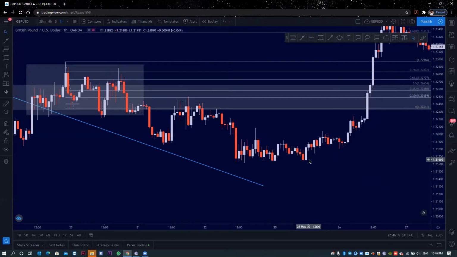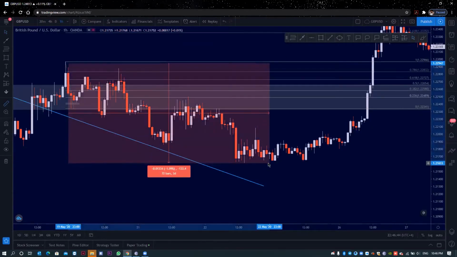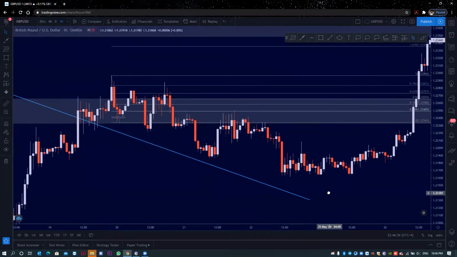How much did it come down? 133 pips. Then what happened after it came down? It went into another consolidation.